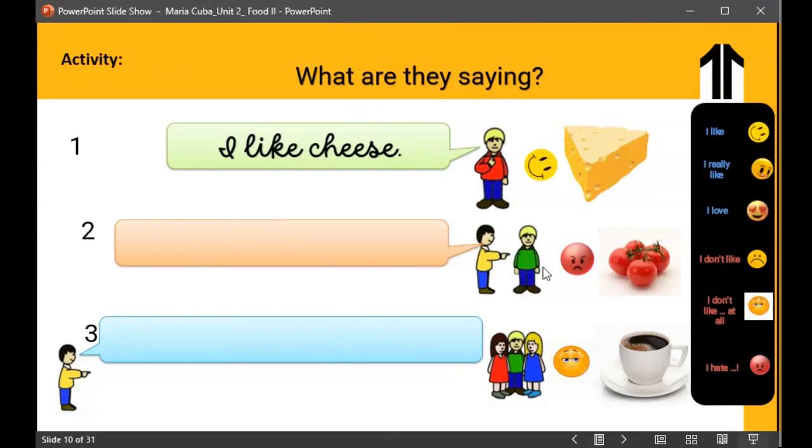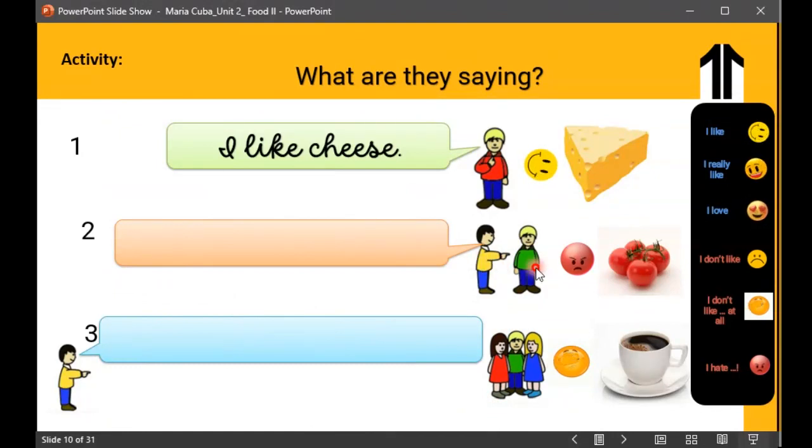In number two, what do you think is the person saying? But the person is with the other person. They are very close. In number two, you are close.